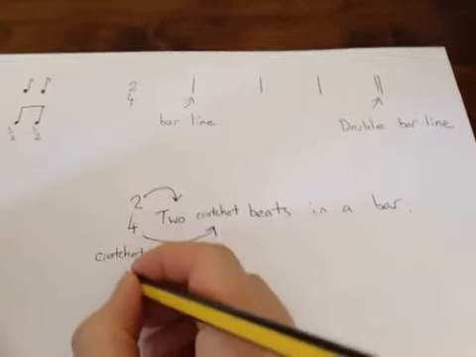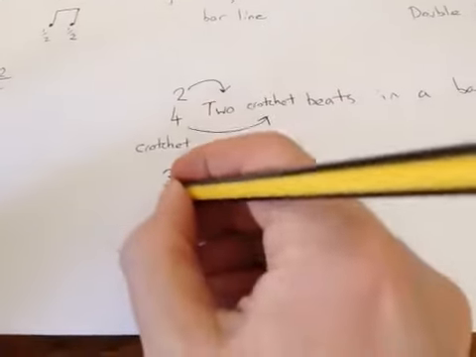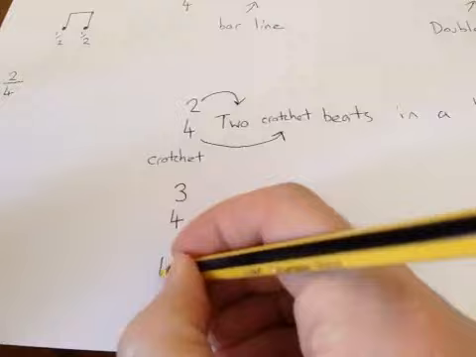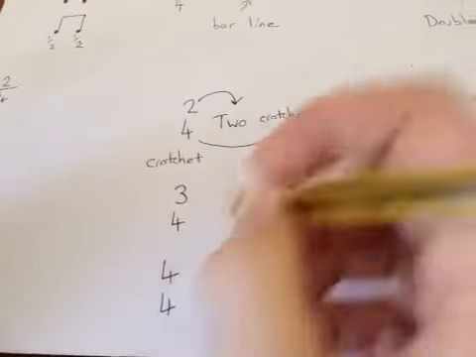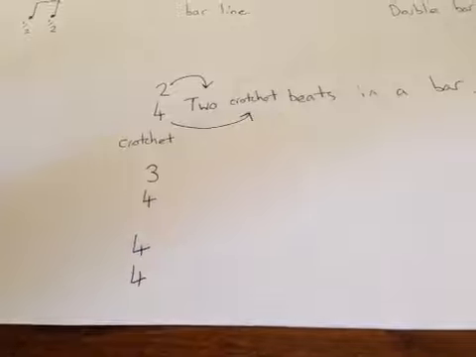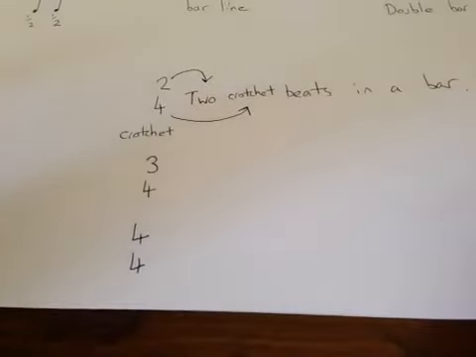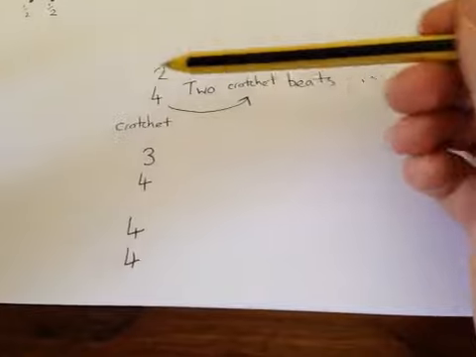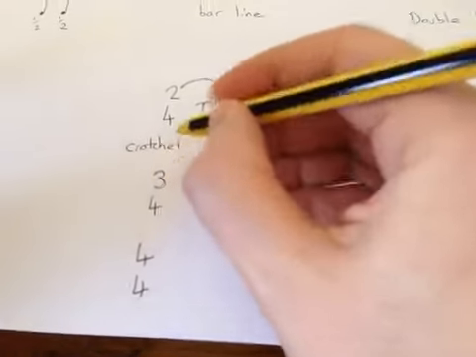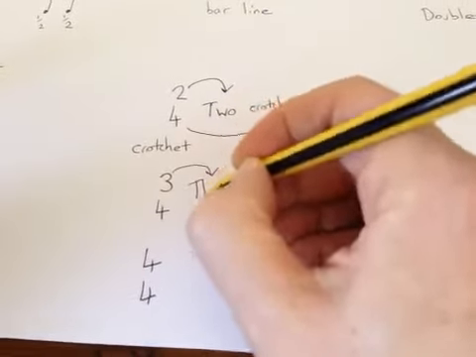Let's do it for the other time signatures. We only need to know about 2/4, 3/4 and 4/4. There are other time signatures, but I don't want you to worry about them just for now. Let's concentrate on 2, 3 and 4/4. So, the 3 just starts the sentence off nice and easy.